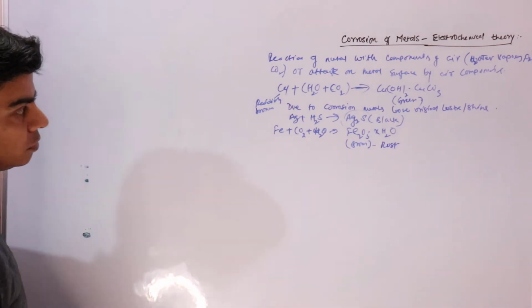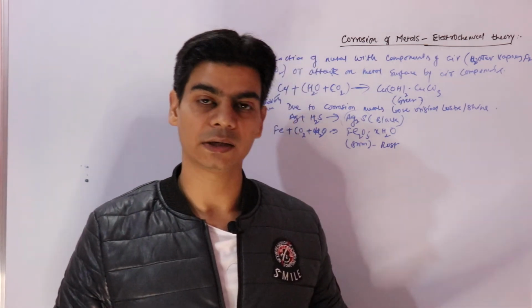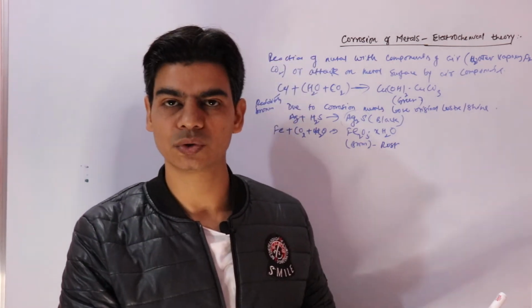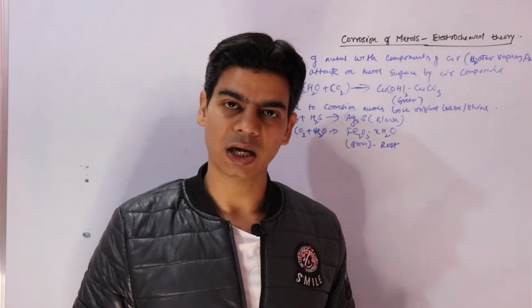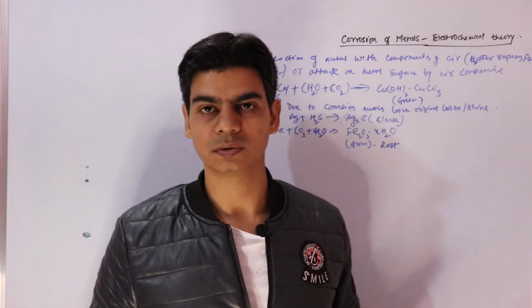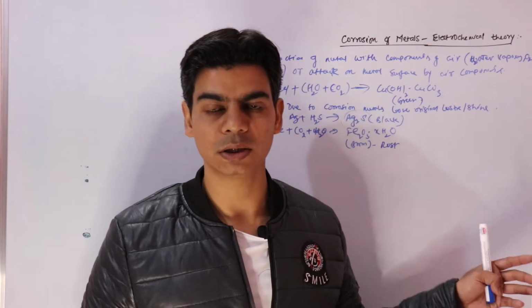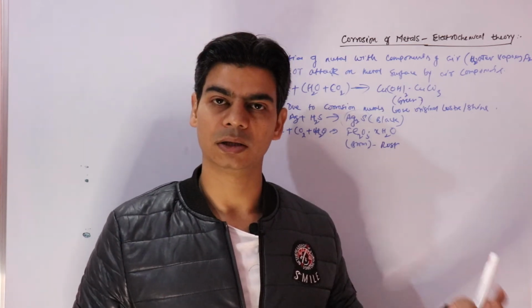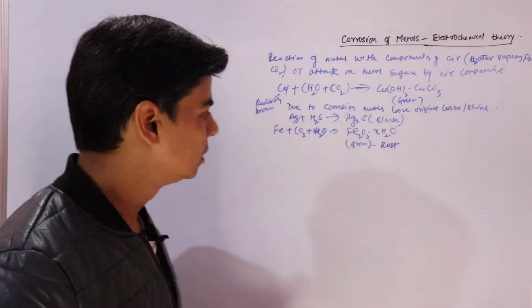Now, why do these reactions take place? Because metals we know by nature are reactive in nature. So when metals are exposed to air, they will start reacting with components of air. And why they are reactive? Because we know that metals have 1, 2 or 3 electrons in their outermost orbit, which they can easily lose out to other substances or other atoms, ions or molecules to form compounds with them, right?